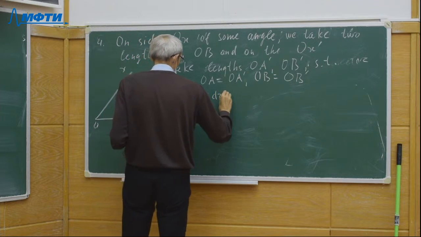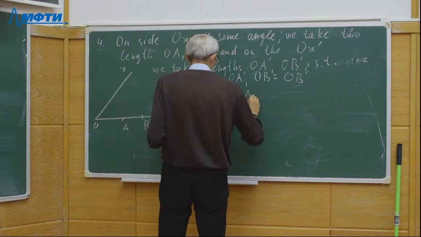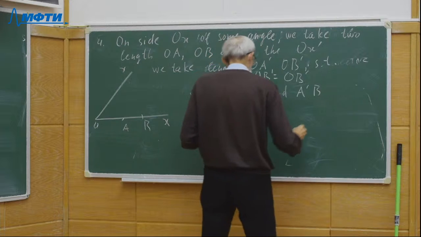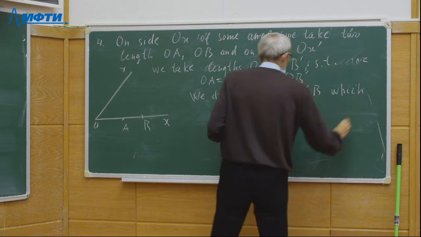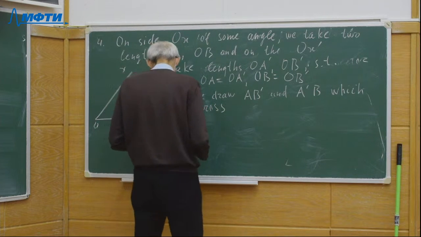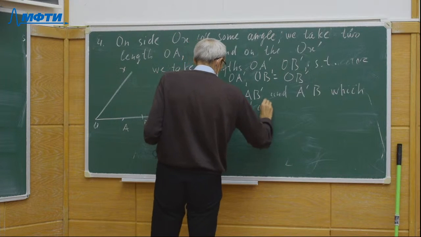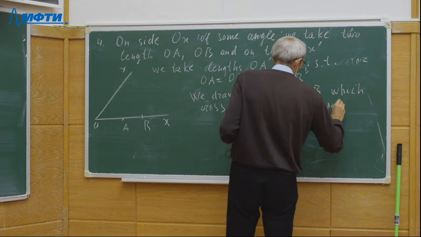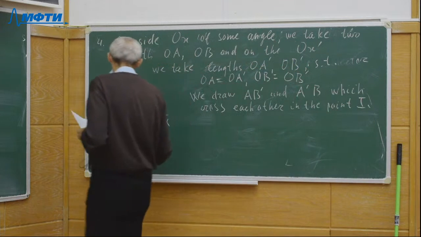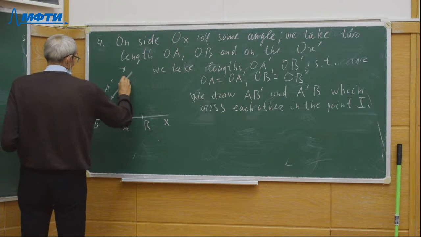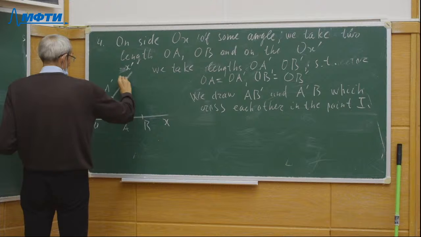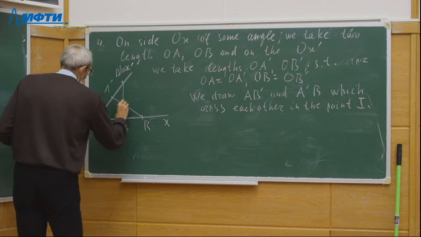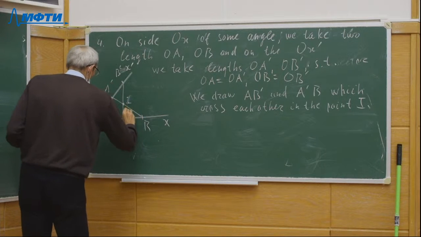We draw AB prime and A prime B, which cross each other in the point I. The point I.